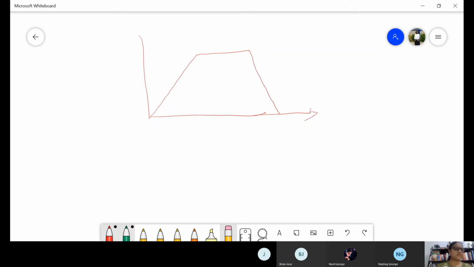This is the origin. This is speed, speed is given in meter per second. Then time is given in seconds. And this is the graph O, A, B, C.